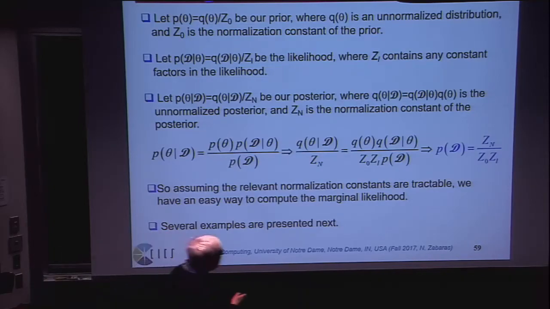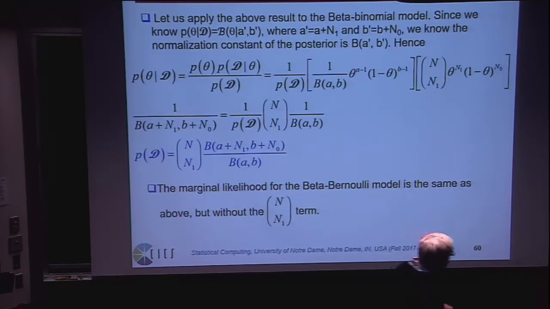Okay, so let's see one example, and hopefully you will trust me that this makes sense. I'm going to do this with a likelihood that is a binomial model, and this is our coin problem. So we throw a coin n times, we get n1 heads and n0 tails, and for the mean of the distribution, I'm going to use a prior that's a beta distribution.